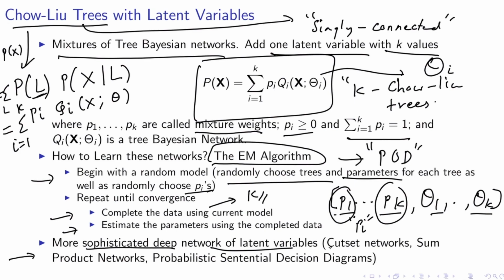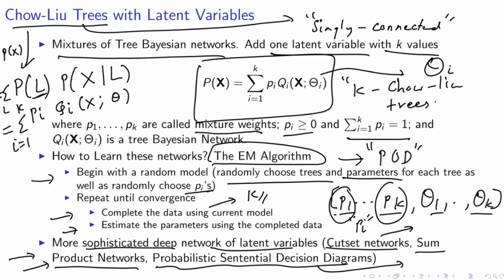One which is developed in my lab is called cutset networks, as well as sum product networks, which was developed in Professor Pedro Domingos's lab, where I was a postdoc at University of Washington, as well as probabilistic sentential decision diagrams, which are researched by several researchers at UCLA, including Adnan Darwiche and Guy van den Broeck.